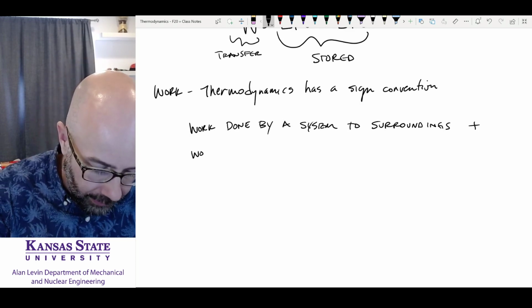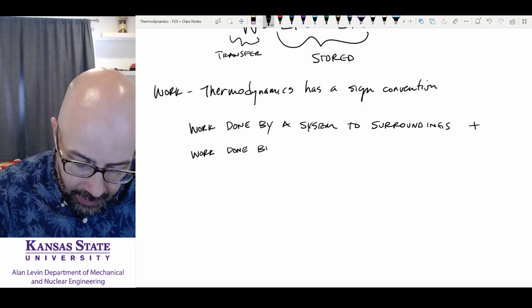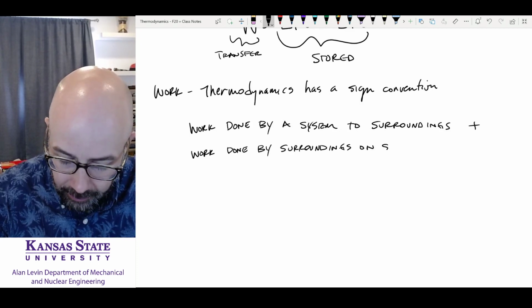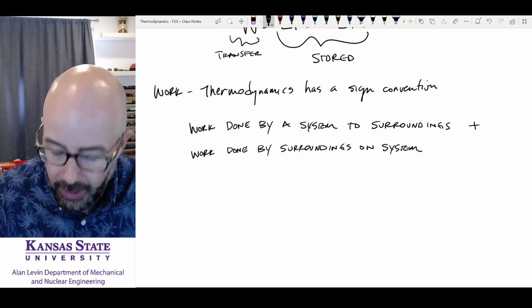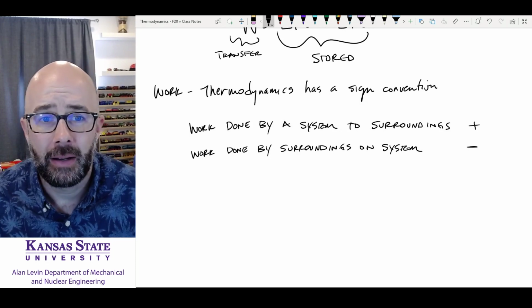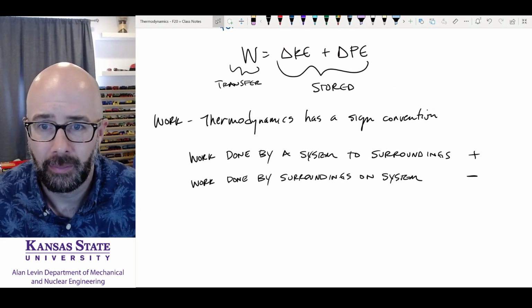And work done by the surroundings on the system is considered negative. Now, right now, that may not mean a lot to you, but look at this equation.